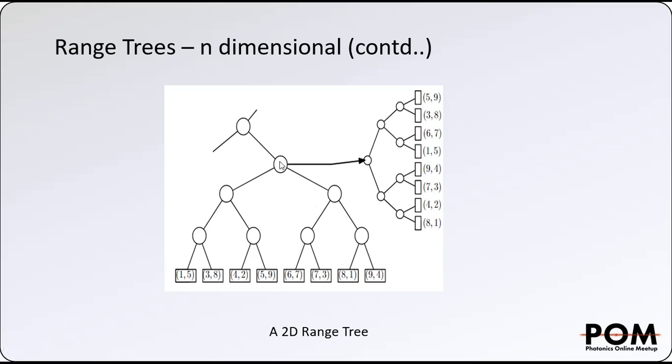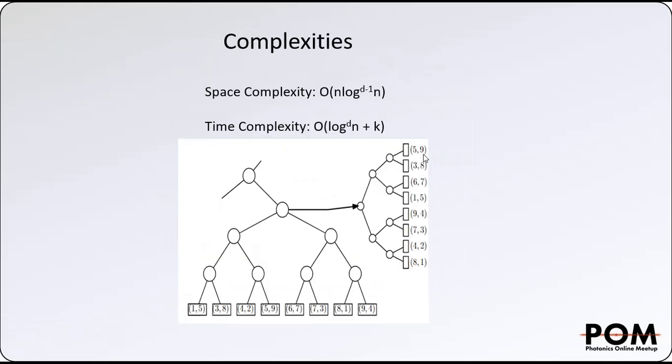Say you are searching for the points between 10 and 20; from the first node that we find in the 2D range tree that falls within this range, we go to the pointer that it is pointing to, the 1D range tree, and in that 1D range tree we search for all of the nodes that fall within the given range, and we return all of those. So this is how range trees basically work, and this is the complexity.